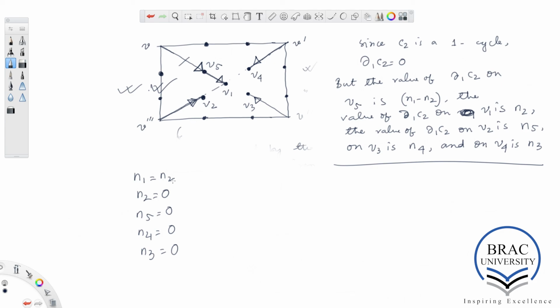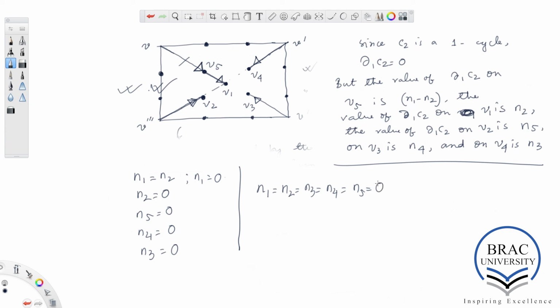And since n1 is equal to n2, n1 is also 0. Okay, so we arrive at this equation. n1 is equal to n2 is equal to n3 is equal to n4 is equal to n5 is equal to 0.